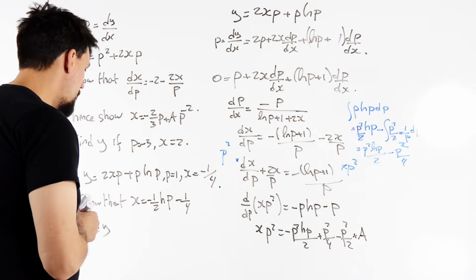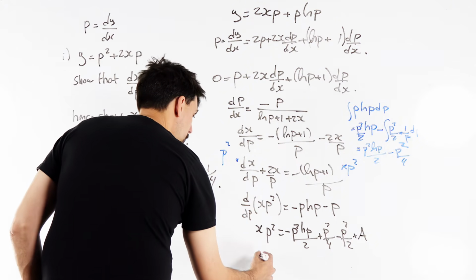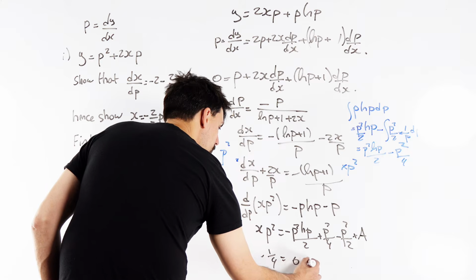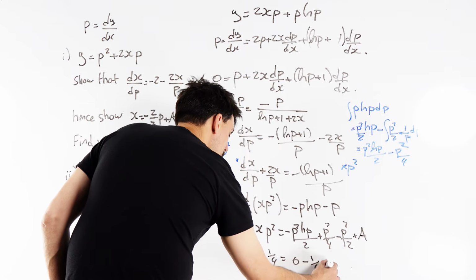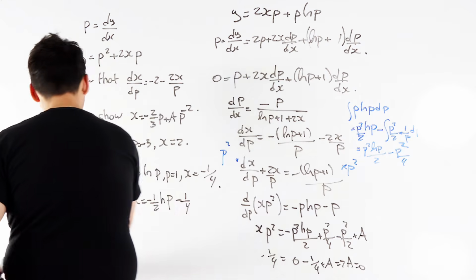Now, if x is 1, x is minus a quarter, p is 1. So minus a quarter is 0, minus a quarter plus a, which tells me that a is 0.